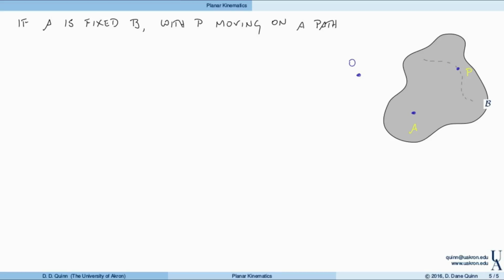Once again, we have the position of P with respect to O, the position of A with respect to O, and the position of P with respect to A. Here, we still have the same relationship between these three vectors: r of P with respect to O is r of A with respect to O plus r of P with respect to A.